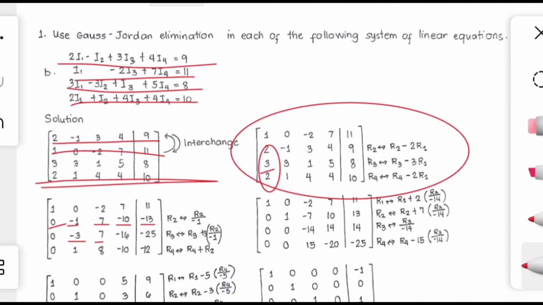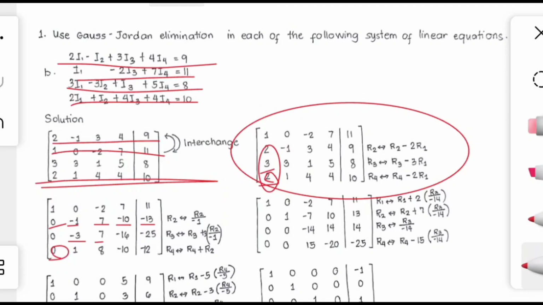As for row 4, for this to be 0, we have to subtract row 4 minus 2 times row 1. So 2 minus 2 times 1 is equal to 0, so we have here the 0.